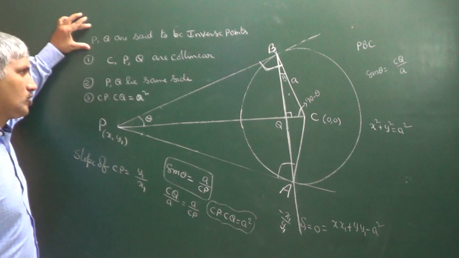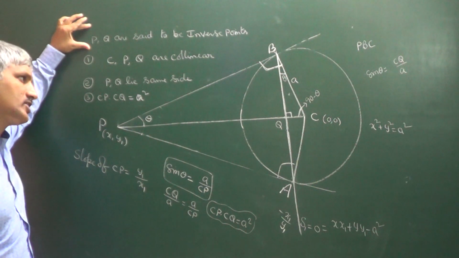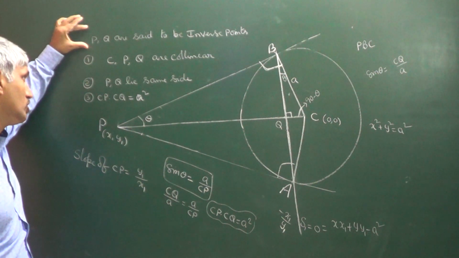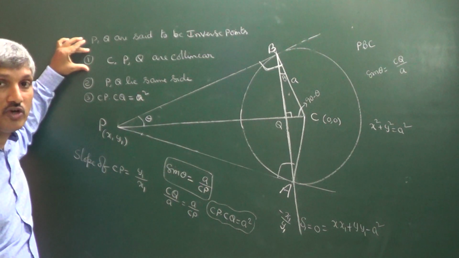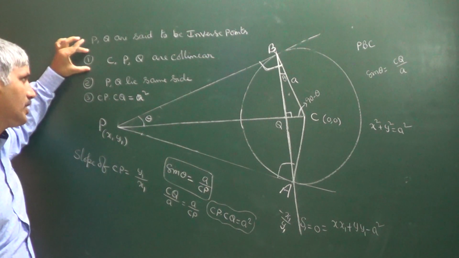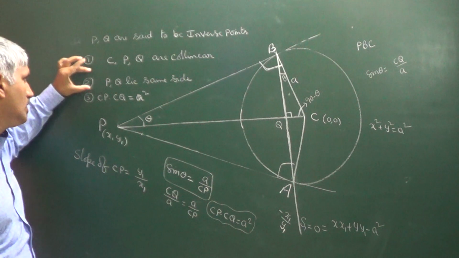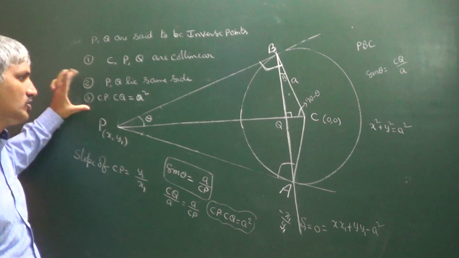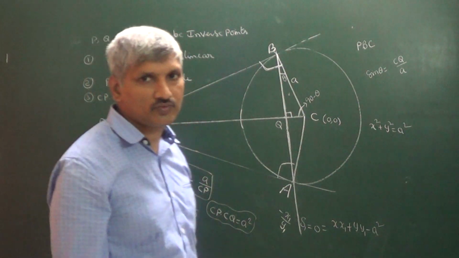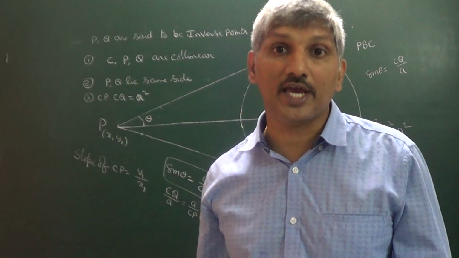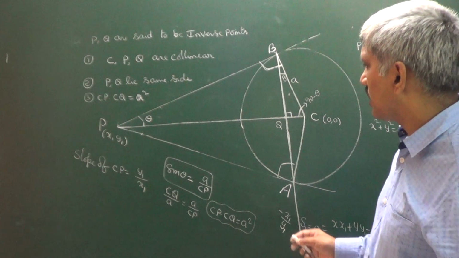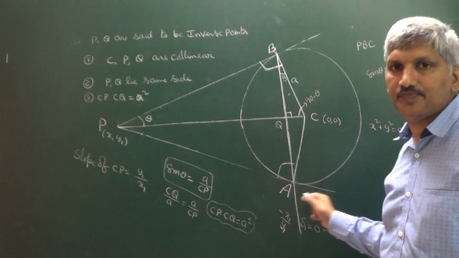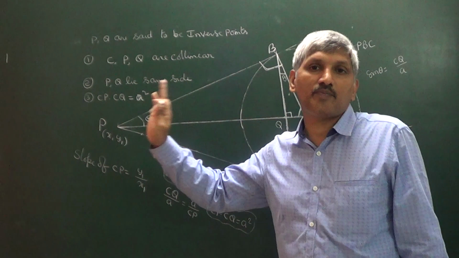So P comma Q are said to be inverse points of a circle S is equal to 0 if they satisfy these conditions: C, P, Q are collinear; P, Q lie on the same side of the center; CP into CQ is equal to R square, or radius square.